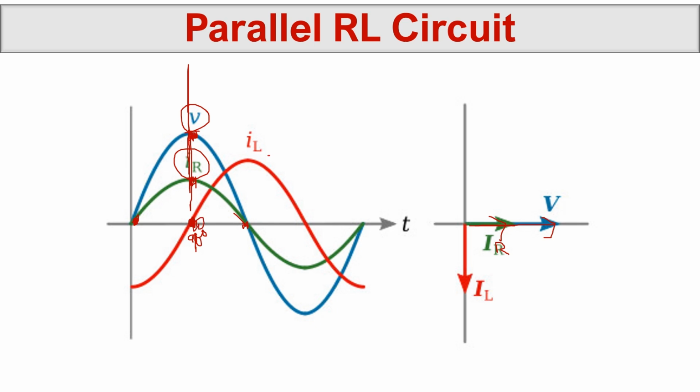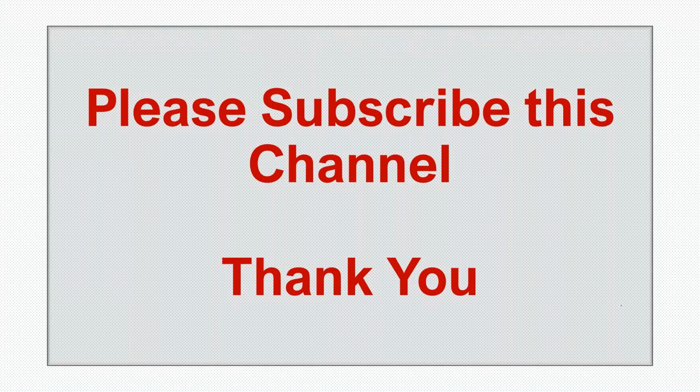These waves started here at time 0. IL started a little bit late, so it is 90 degrees lagging. Through this vector understanding, we are able to draw this diagram. This is the purpose of today's video, to teach you the basic vector knowledge.